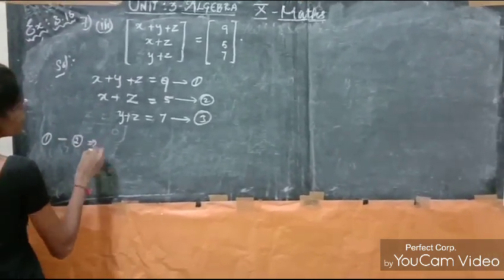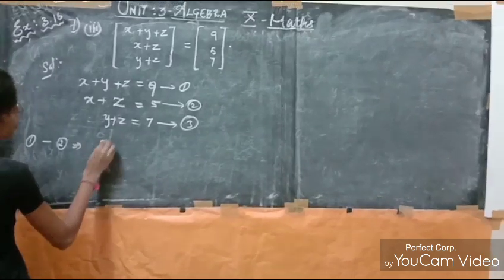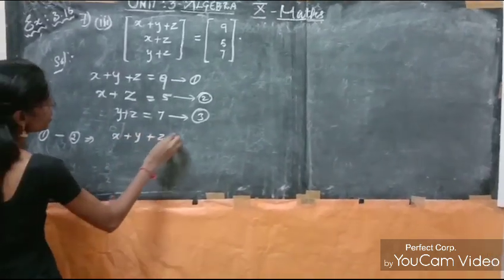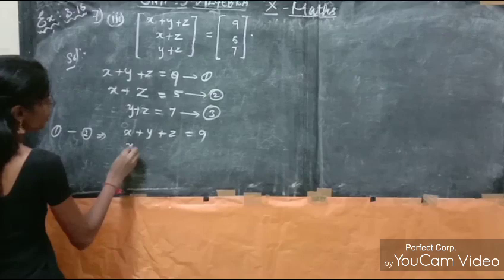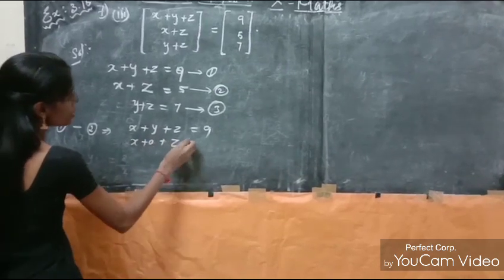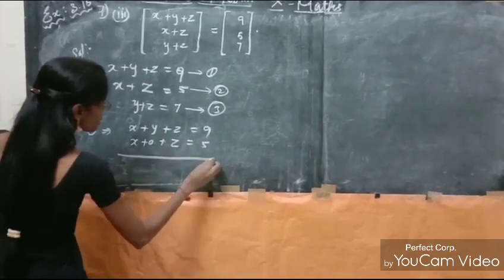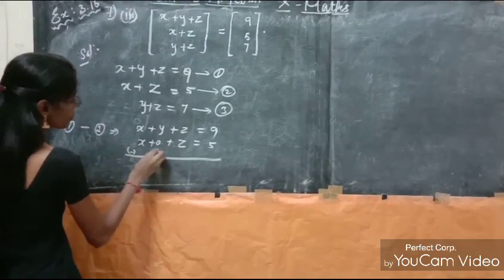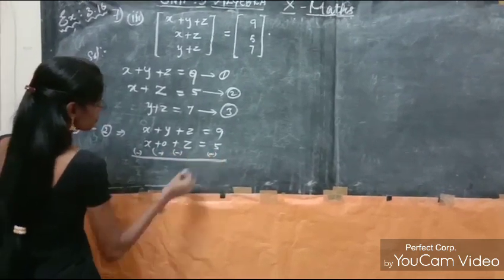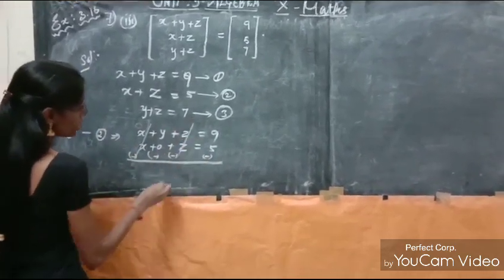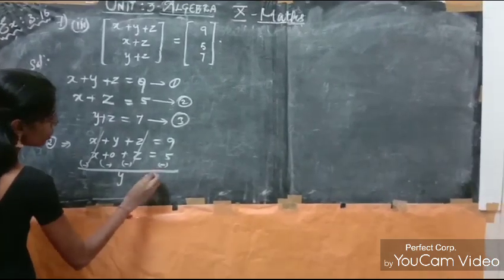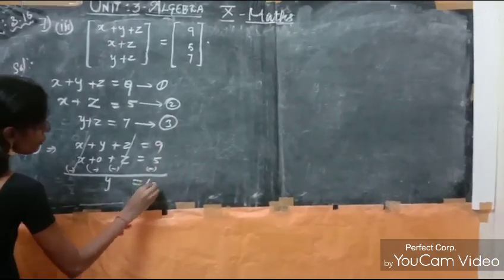X plus y plus z is equal to 9, x plus 0 plus z is equal to 5. Subtract these two equations, changing the sign. X cancels, z cancels, then y is equal to 9 minus 5, which is 4.